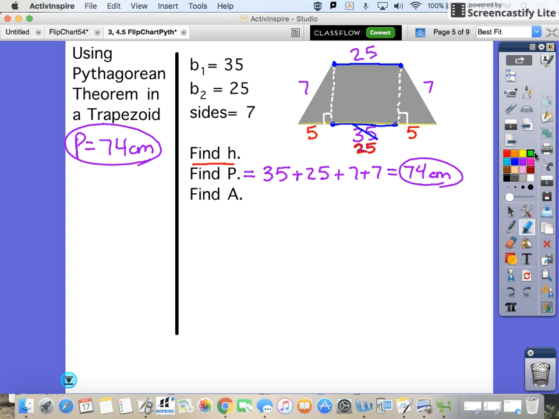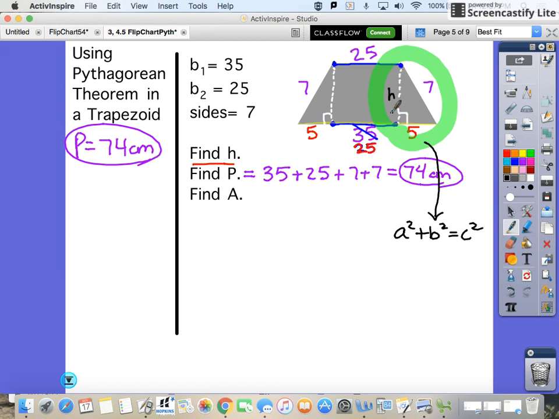That's the hardest part. What we need to do now is we need to zoom in on this triangle and use it to calculate the height. That's the only thing we're doing with that. The only thing we're doing is using it to find the height. So normally we have a squared plus b squared equals c squared, but this time a is h.